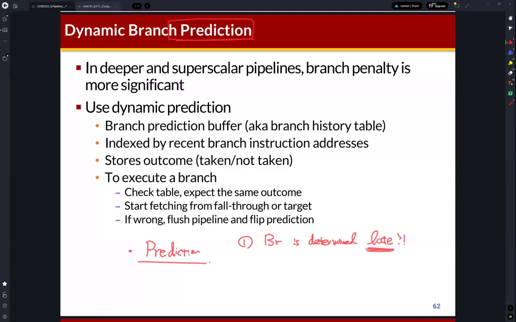So I mentioned that this is the problem, right? This is the problem of the penalty, the control hazard by branch instruction. And what is the solution? The solution is, we need to determine the branch instruction earlier.